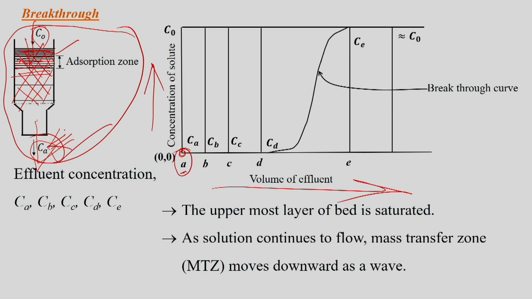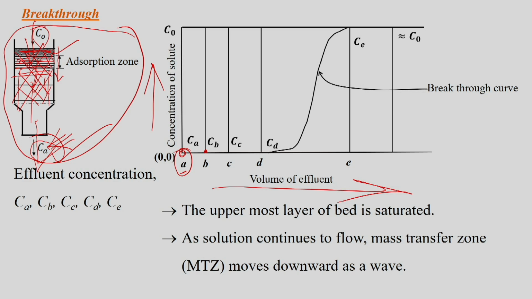And whenever we are moving from point A to point B, as the unsaturated zone is huge, at that time also the solute concentration in the effluent will be 0. In this position also the solute concentration is 0. We are moving further.